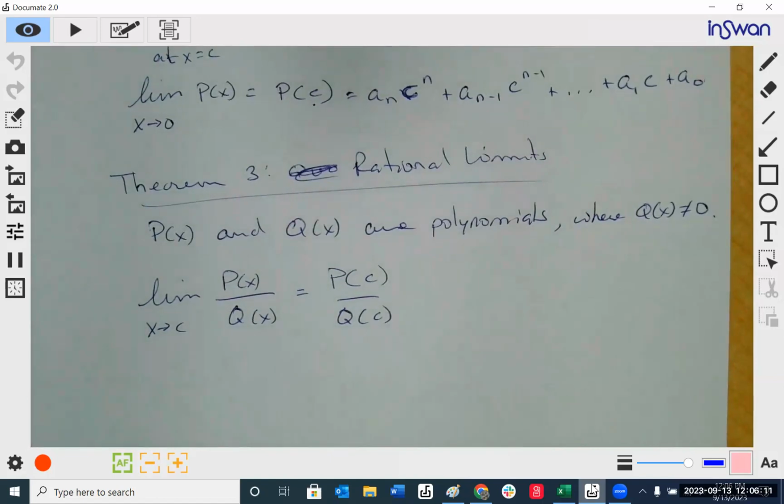So the limit of the rational function P of X over Q of X is simply equal to P of C over Q of C. They just plugged in C anywhere there's an X, and if it works, it works. If they don't, then we have something else to work with.